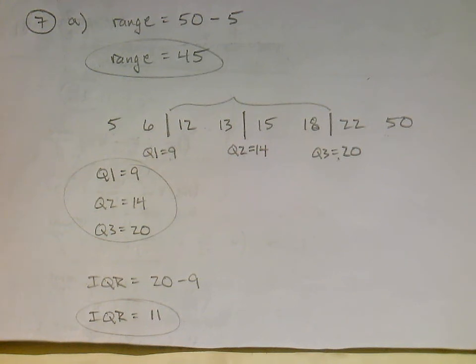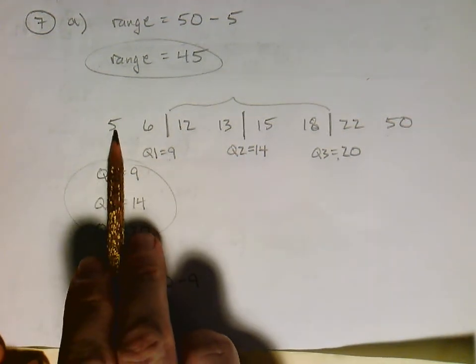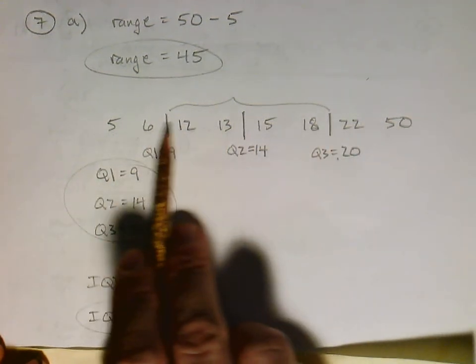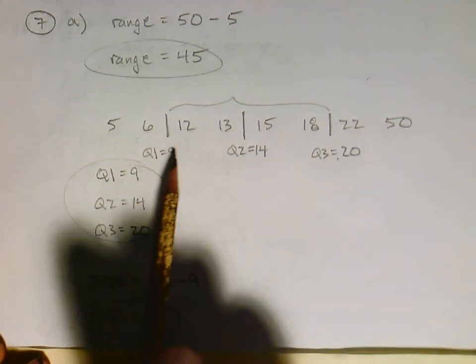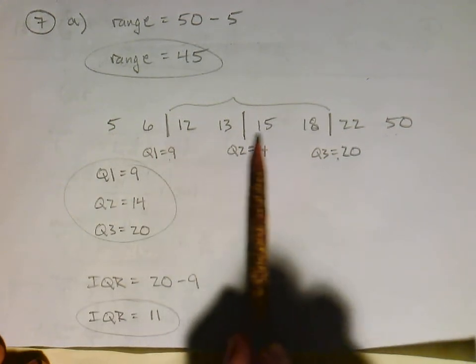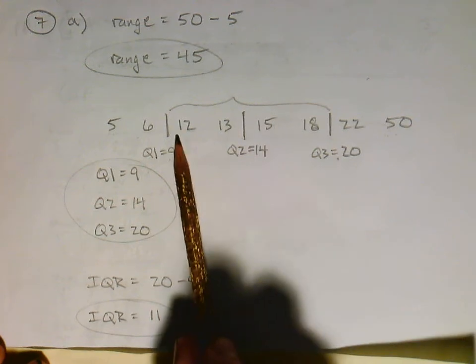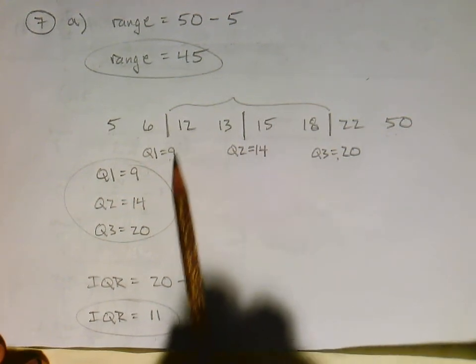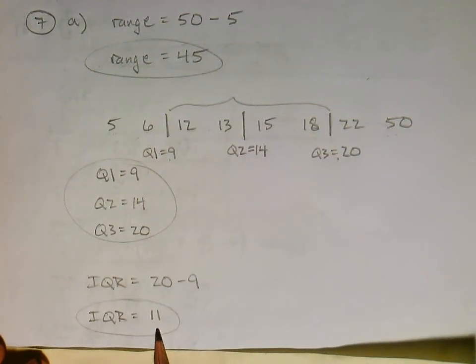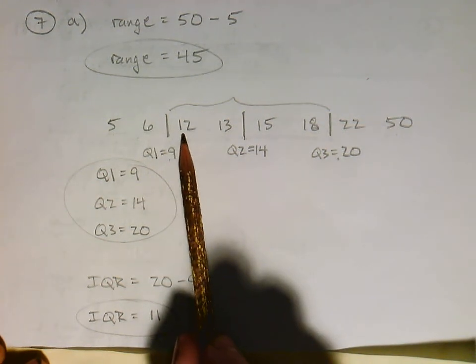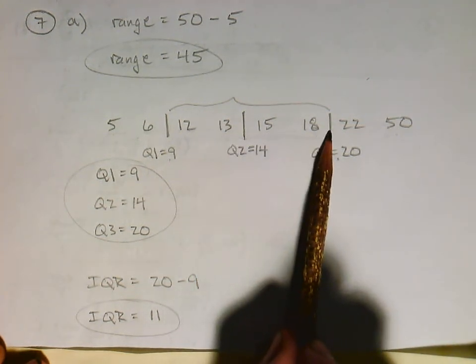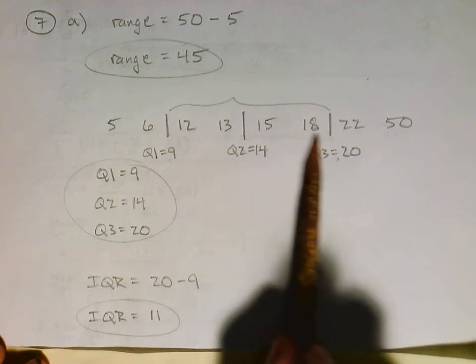We're all about measuring how spread out this data is. You think, okay, well, how spread out is it from end to end? Well, it's 45. But how spread out is it just in the middle 50%? Those middle 4 data points, how spread out are those? Oh, those are only spread by 11. So these are all pretty closely positioned together compared to the whole thing.